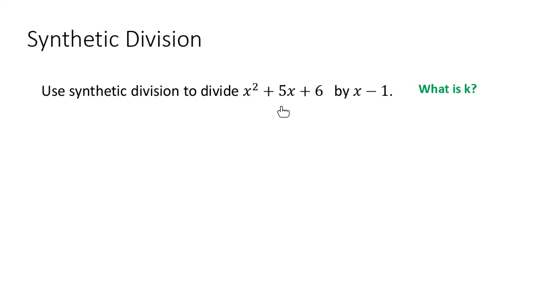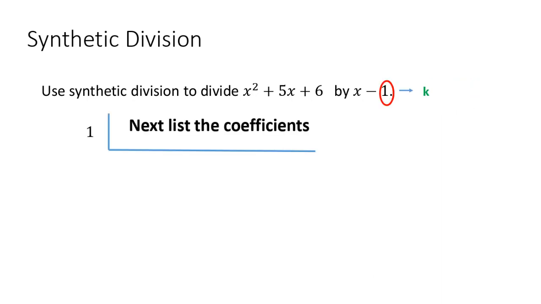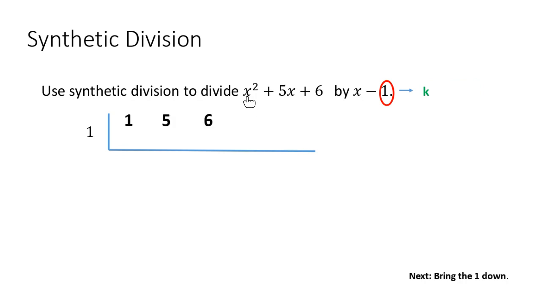So if we have this example, x squared plus 5x plus 6 divided by x minus 1, we want to first identify what k is. So k is going to be 1. Okay, so I'm going to write the 1 on the left side, and then the next step is to list the coefficients. So in front of x squared, we have a 1. In front of x, we have a 5, and then we have our constant 6.